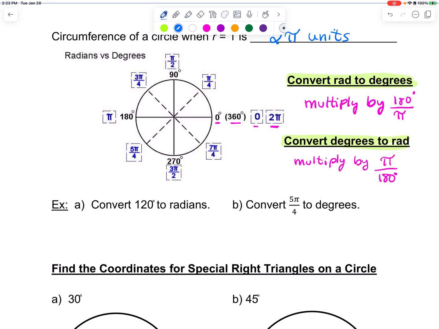I want to convert 120 degrees into radians. Well, in radians, I need pi in my answer. That's why I'm going to multiply by pi over 180.